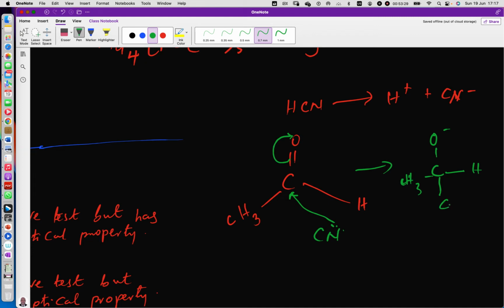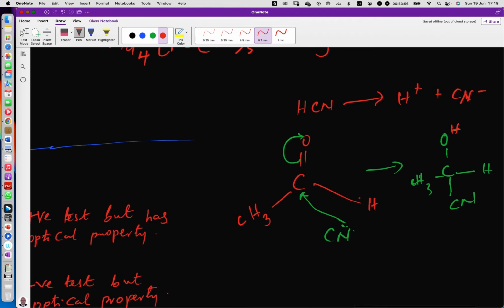Then this hydrogen that was in solution will be picked up by this one, resulting in this. And when it results, that's why we now say it is 2-hydroxypropanenitrile. So that is just the mechanism I just gave you. So we now say that this is nucleophilic addition. You are adding a nucleophile onto this compound.